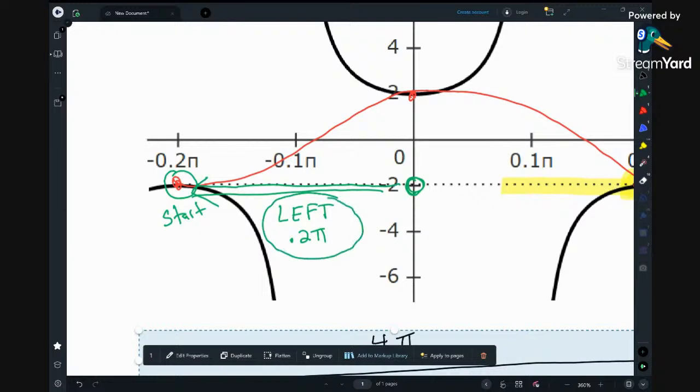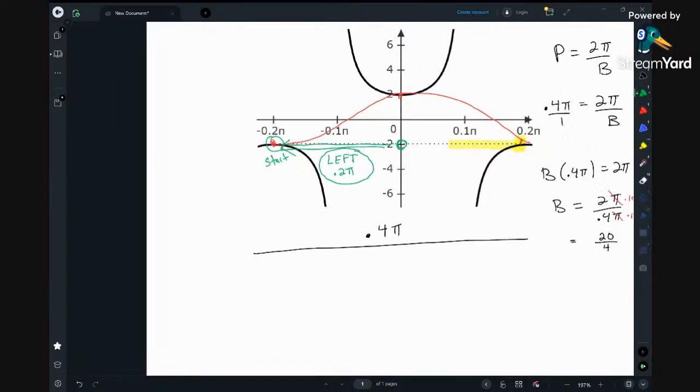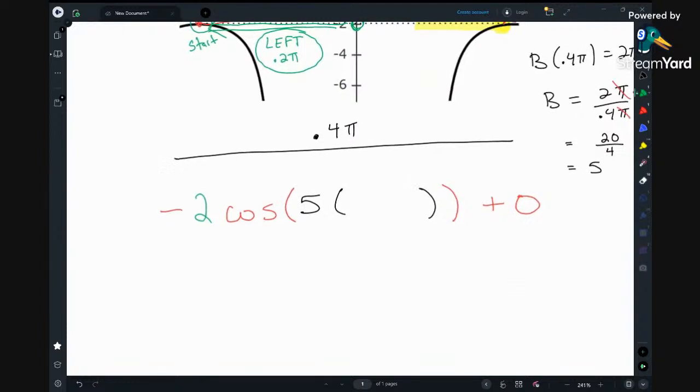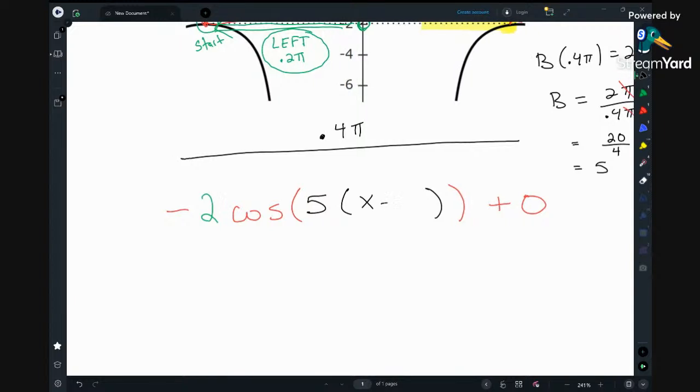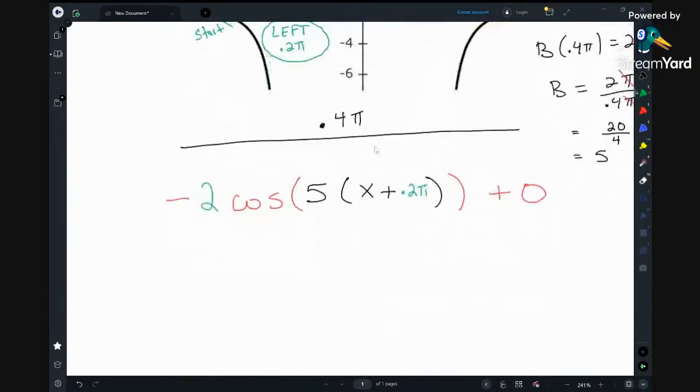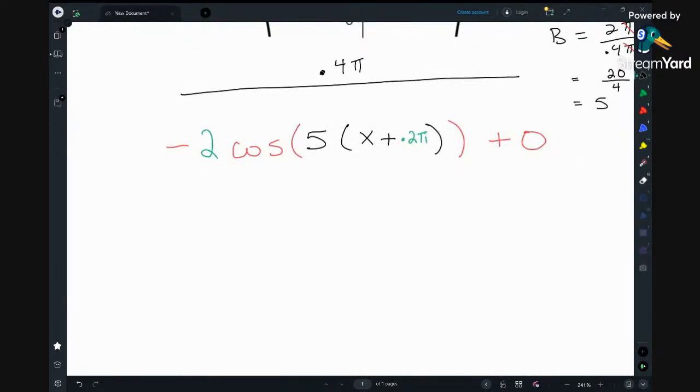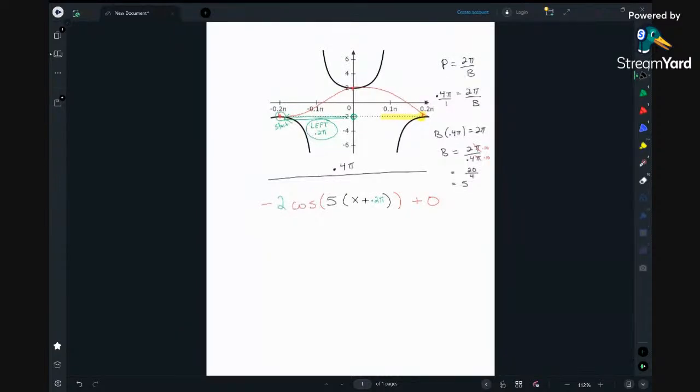It's been shifted to the left 2/10 of pi. So when I want to shift left, I use an inside opposite sign and 0.2 pi. There's the cosine graph in red.